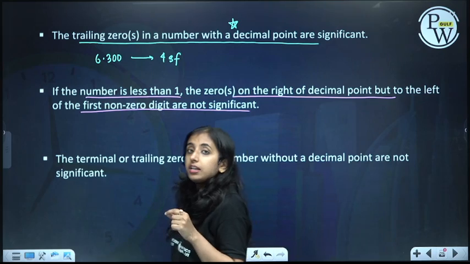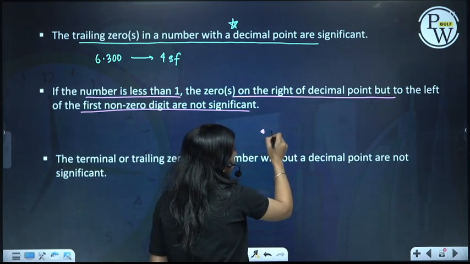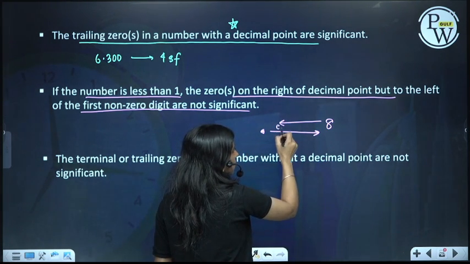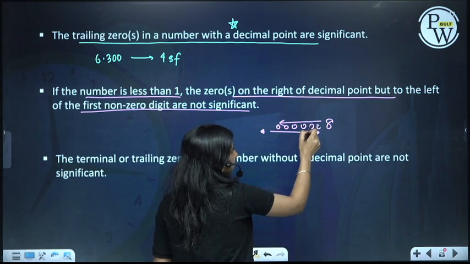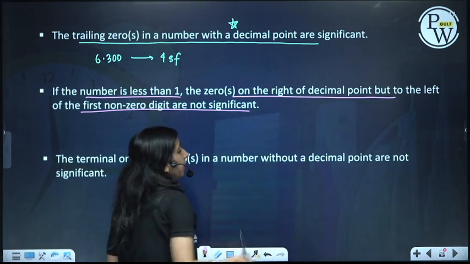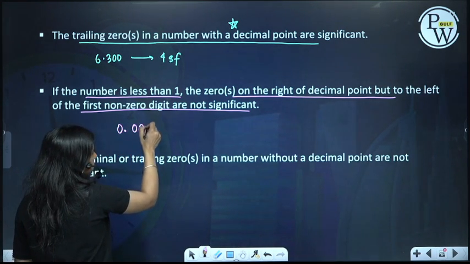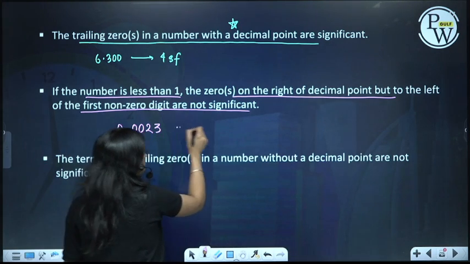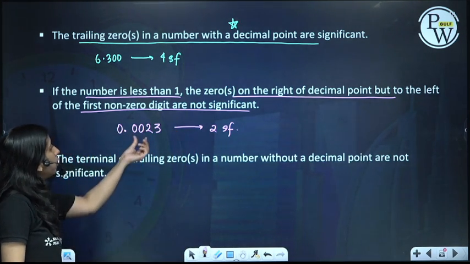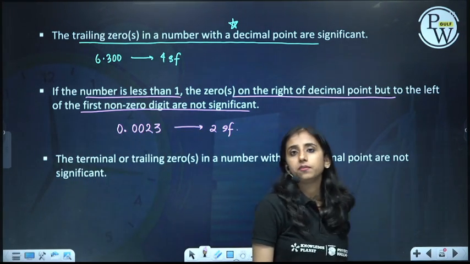All the zeros that come in between are not significant. An example is 0.0023. It will only have two significant figures, 2 and 3. These zeros are not significant.